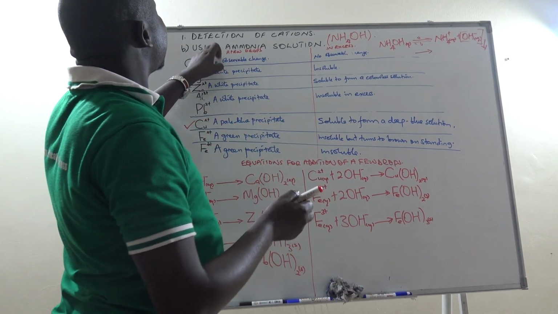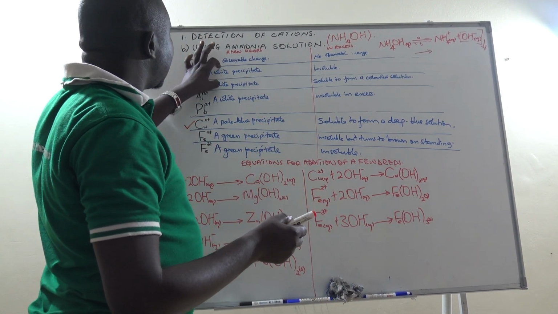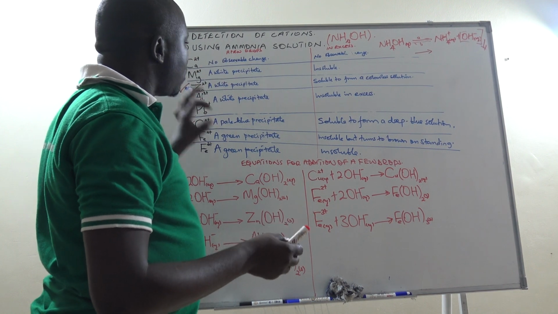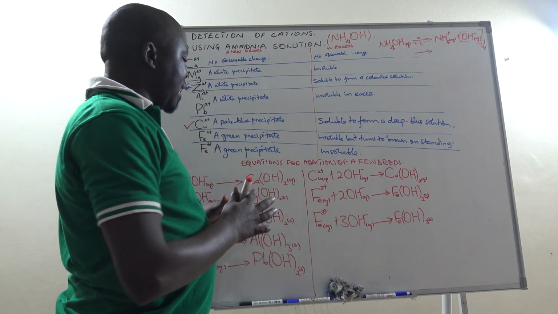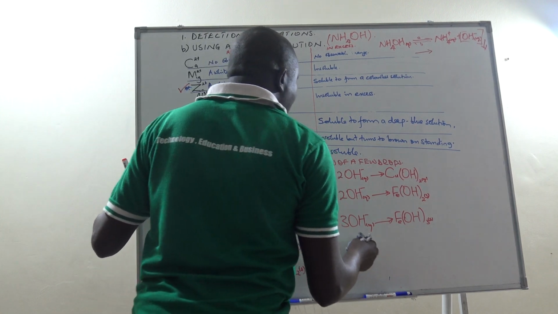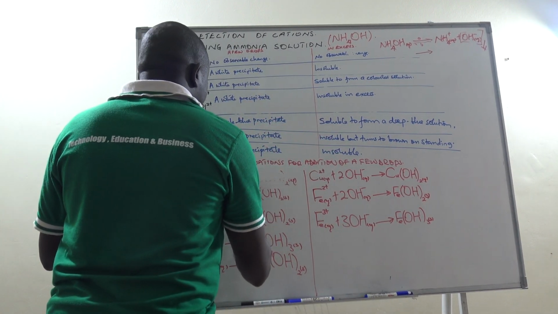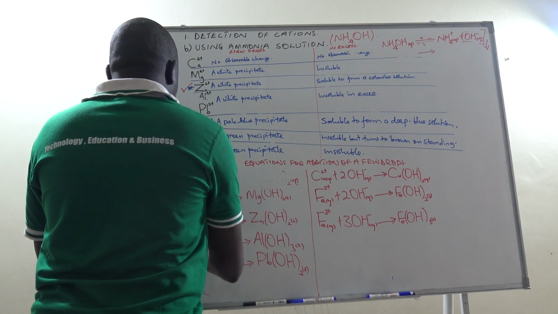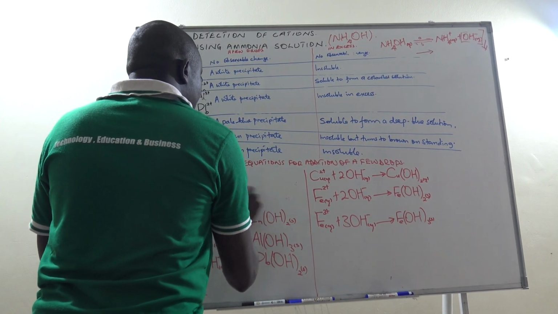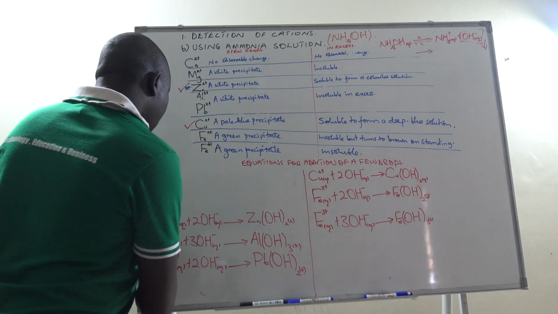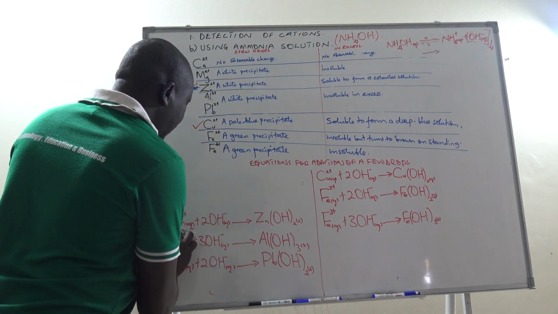However, these other cations here form precipitates that do not undergo any other reaction in excess ammonia solution. So let us try to do away with them. In this case, I'm going to remove calcium ion with its reaction equation. I'm going to remove magnesium ion. I'm going to remove aluminum ion.